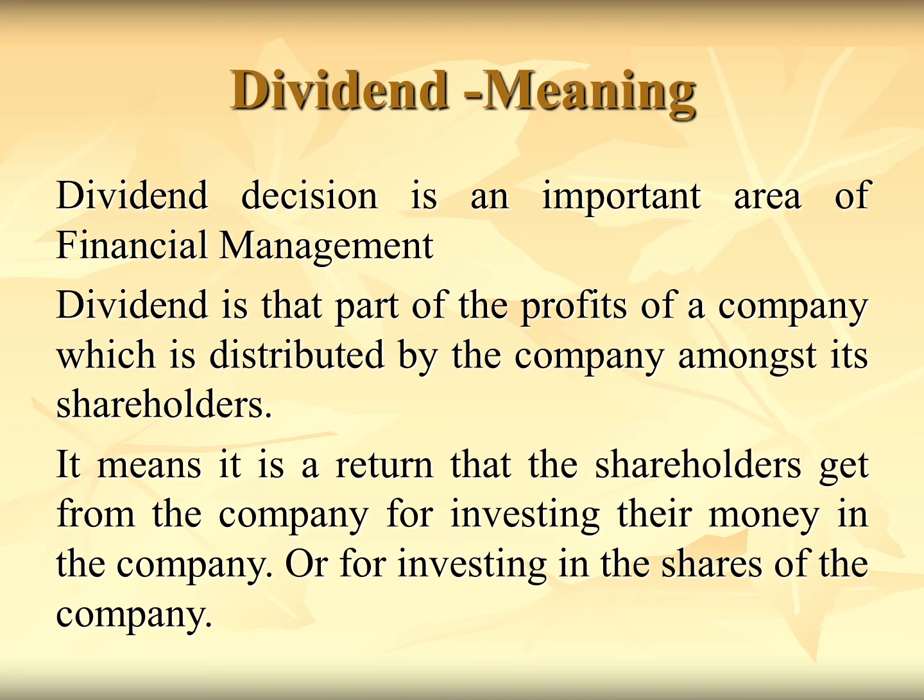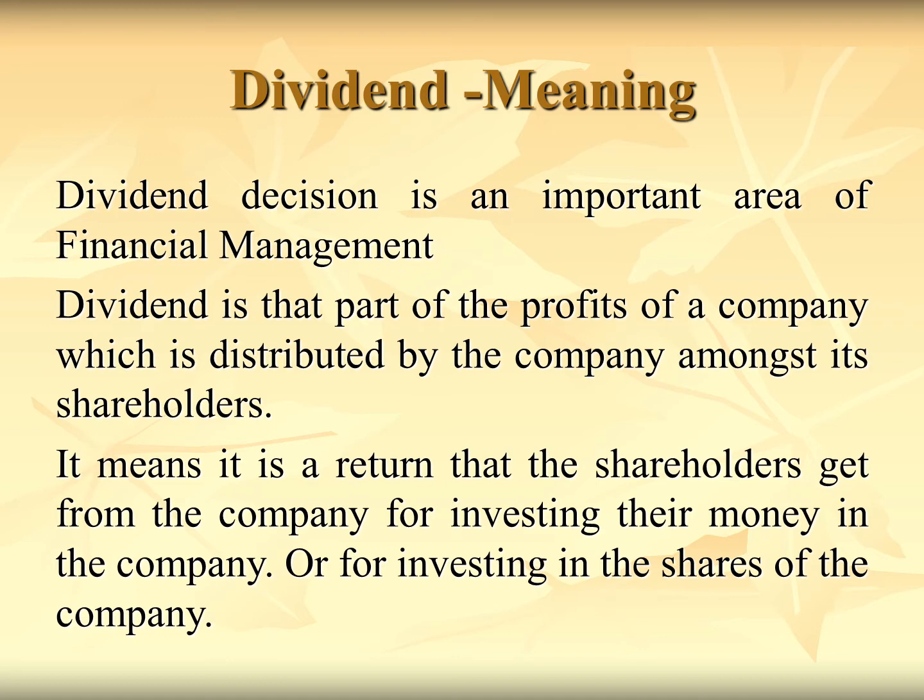Basically, in this dividend decision, we have to decide how much profit is to be distributed to the shareholders in the form of dividend, and how much profit should be kept by the company as retained earnings, or plowed back.